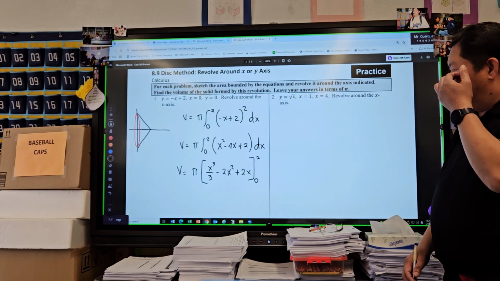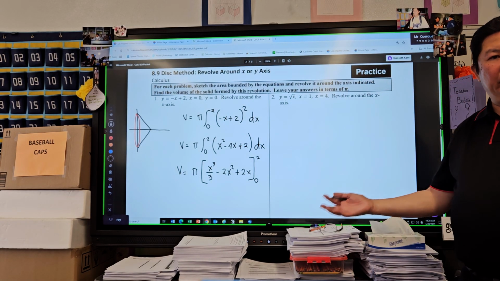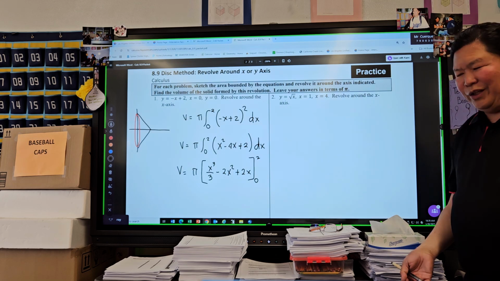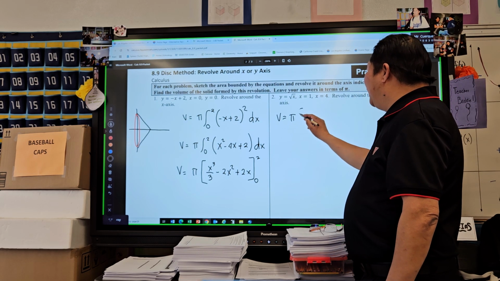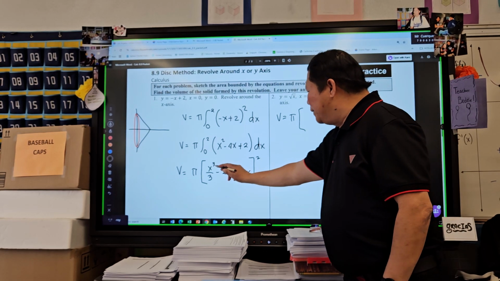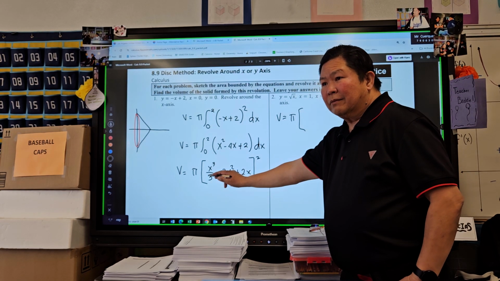Do we stop there or do we keep going? Let's just find the volume. Just continue. So we set up the equation. Volume now is equal to pi, and then 2 cubed means 8/3, right?